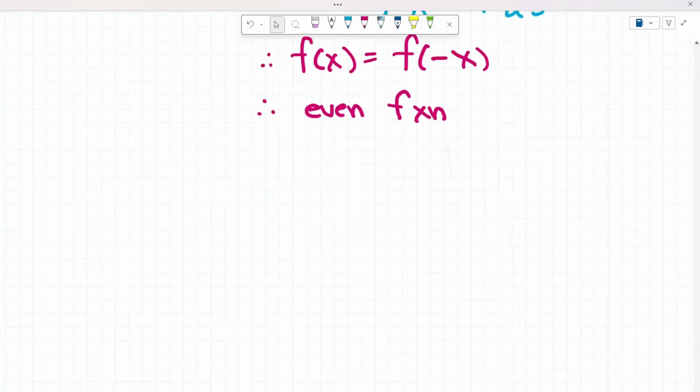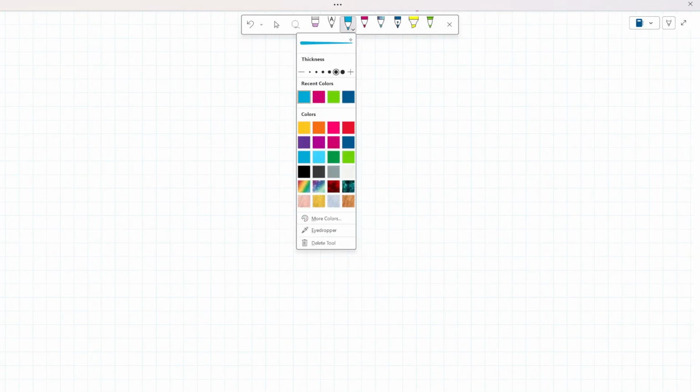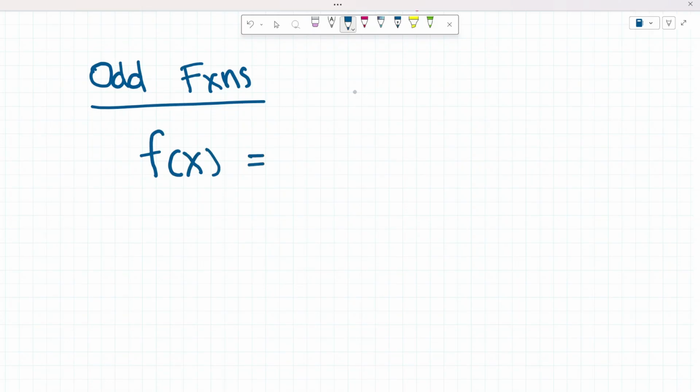Okay, now let's take a moment and look at odd functions and see how we can identify them algebraically, and let's do an analysis of their symmetry. So odd functions, you can determine that a function is odd if you have f of x equals negative f of negative x. So here we have these two negatives. And looking at our transformations, what does this mean? We already know that the negative within the brackets represents a reflection over the y-axis.